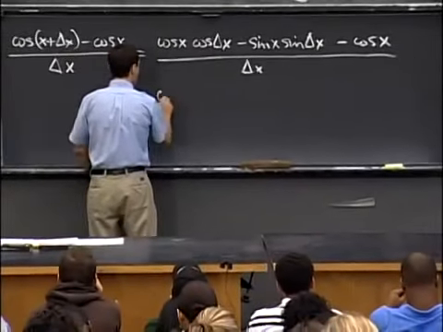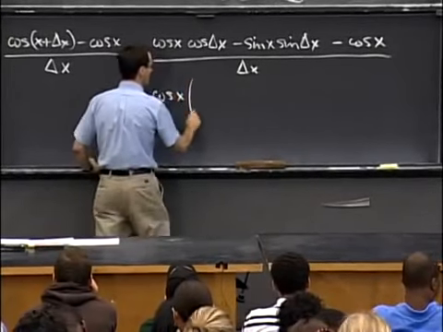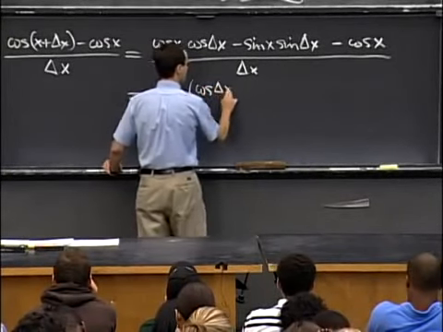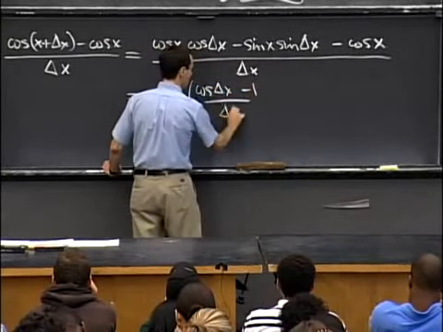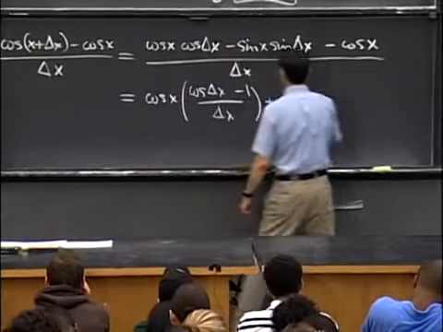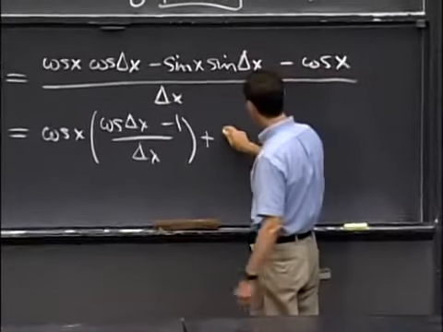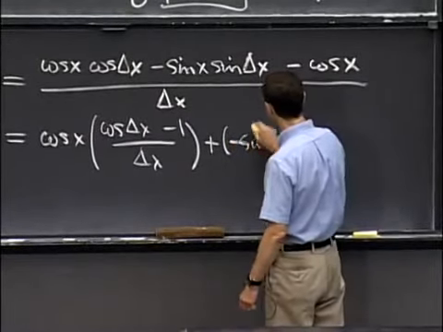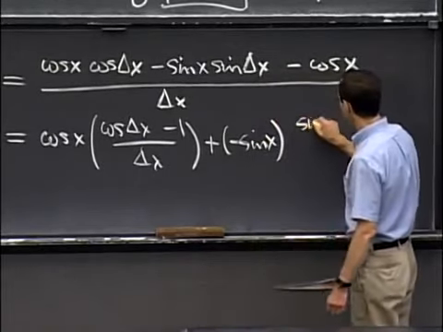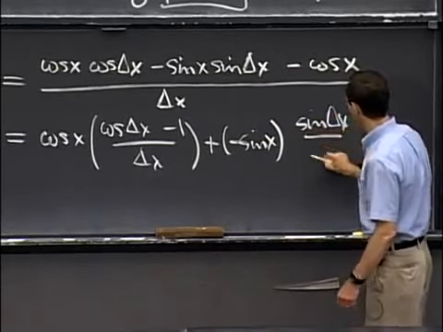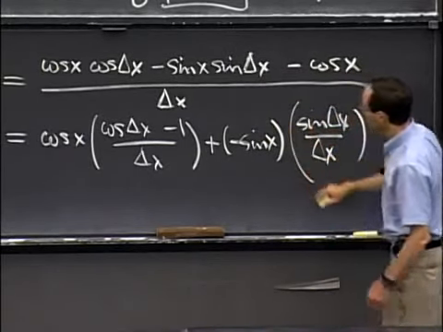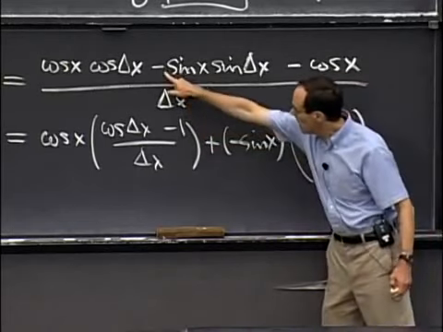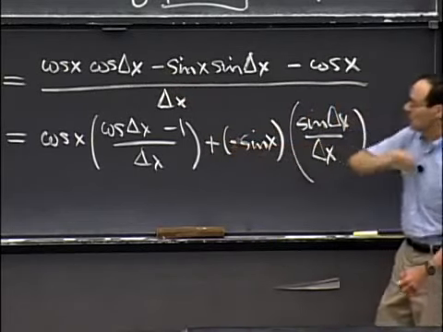And I get the common factor of cosine x multiplying cosine delta x minus 1 divided by delta x. And here I get the sine x, but actually it's minus sine x. And then I have sine delta x divided by delta x. All right? The only difference is this minus sign, which I stuck inside there.